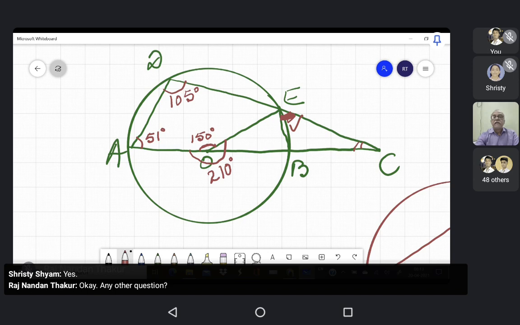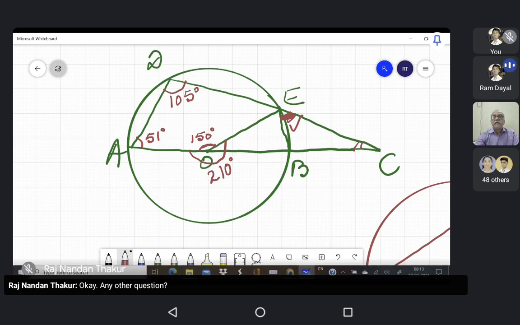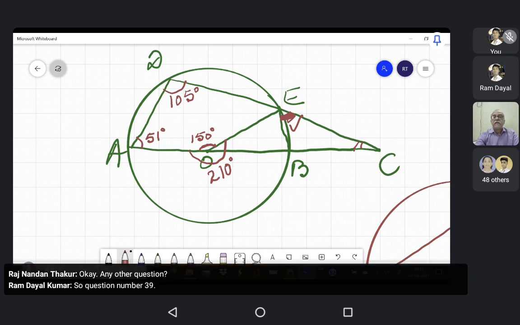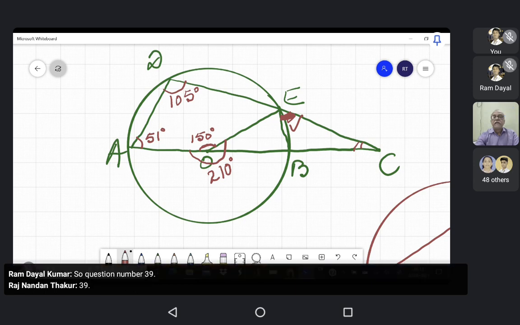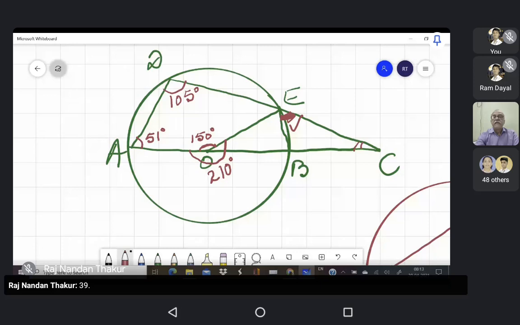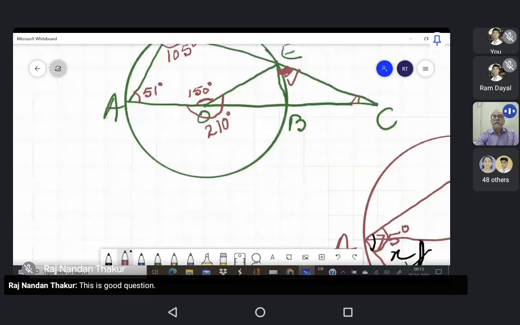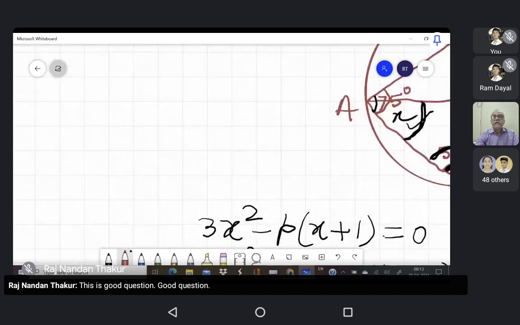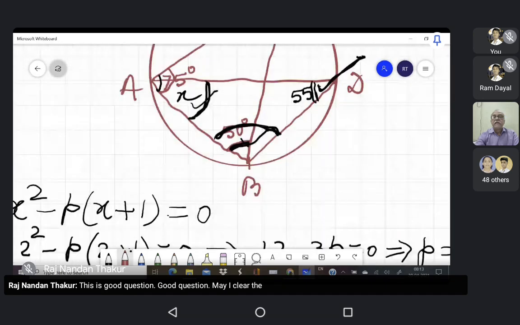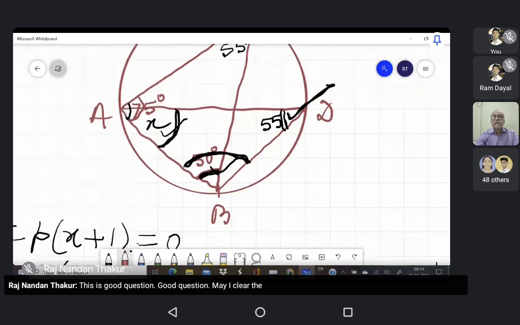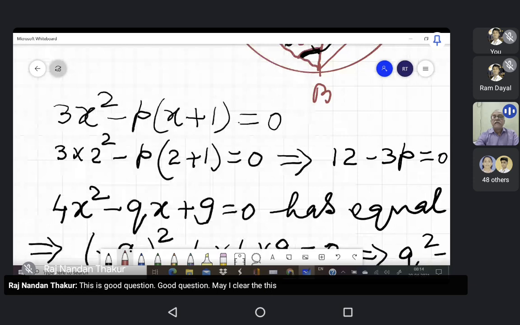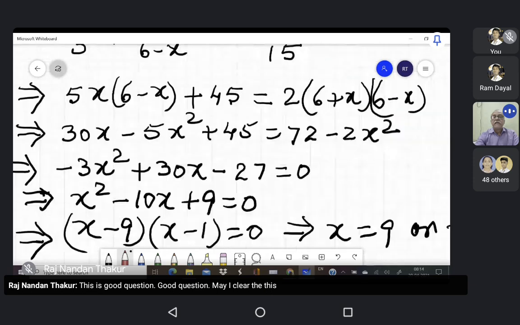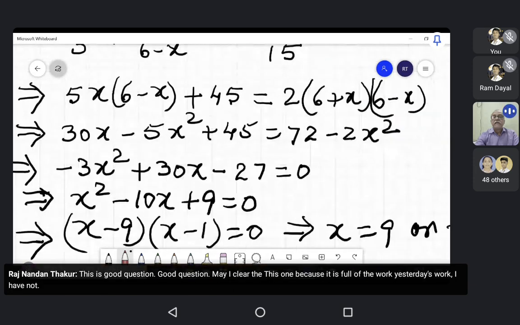Any other question? Sir, question number 39. This is a good question. May I clear this, because it is full of the work I have not cleared.